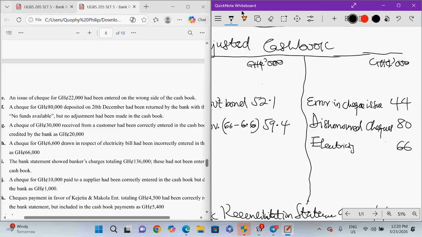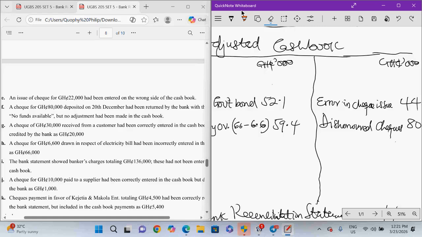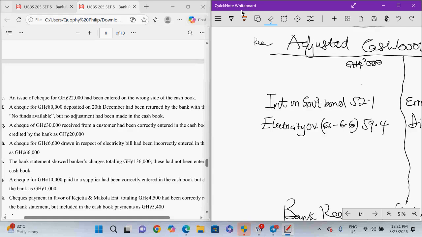You'll be left with 6.6, right? Yes, sir. You'll be left with 6.6 here. So that is the right thing that we're supposed to do. Okay, so let's continue. The right thing is to cancel the 59.4, which is at the credit side. Then the difference will remain at the credit side.